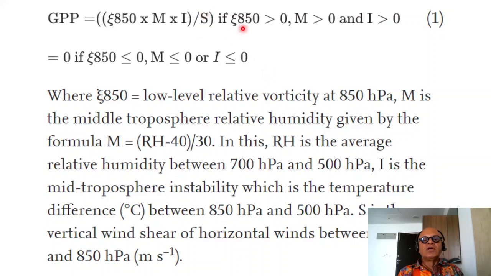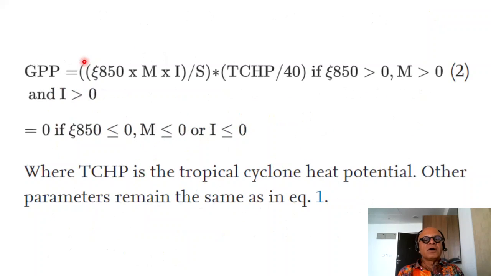So this is for low-level vorticity being positive, so that you have cyclonic seeds available, and mid-tropospheric humidity is loaded up, and the instability is present. Okay, otherwise GPP is 0.